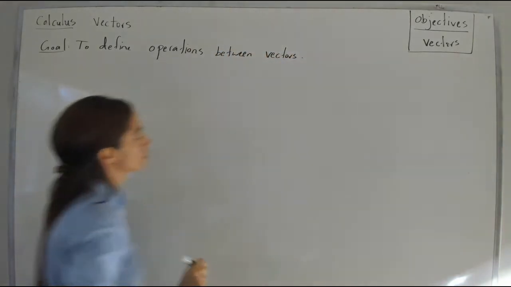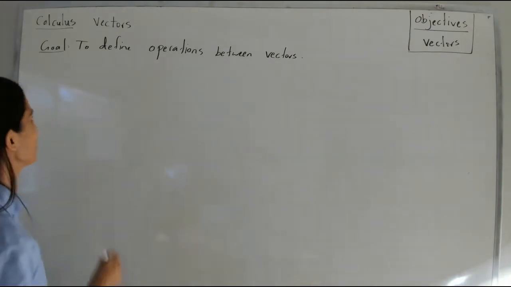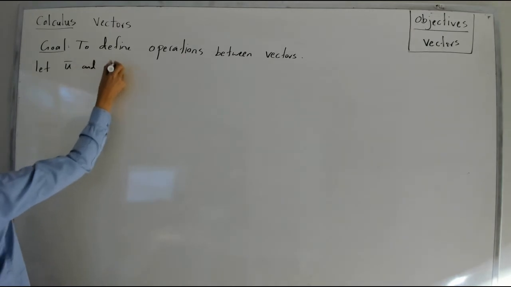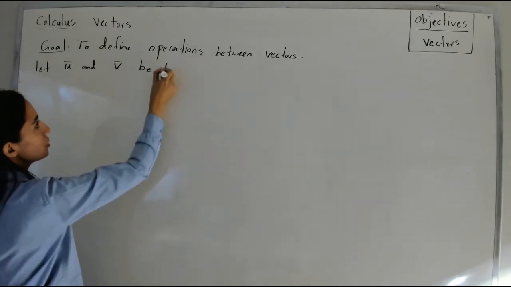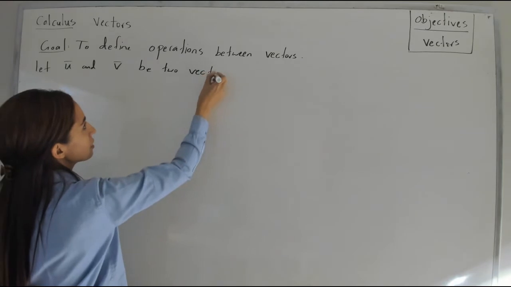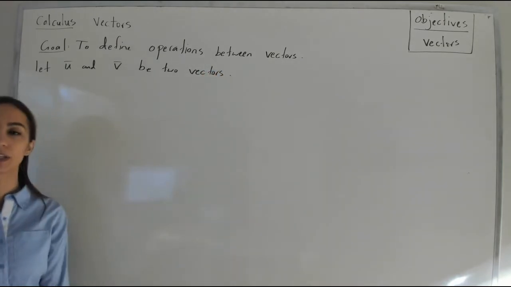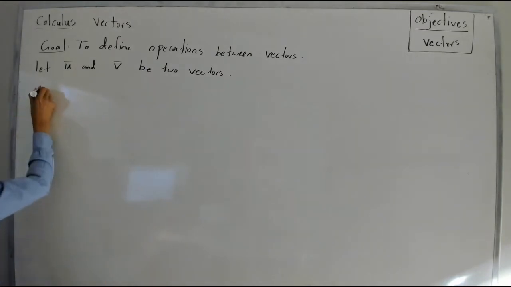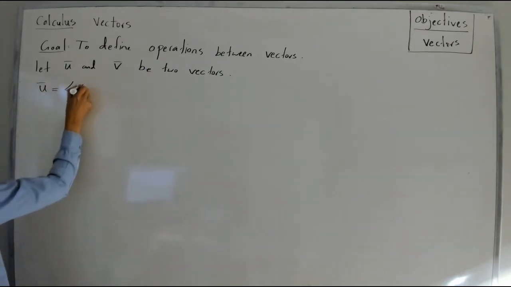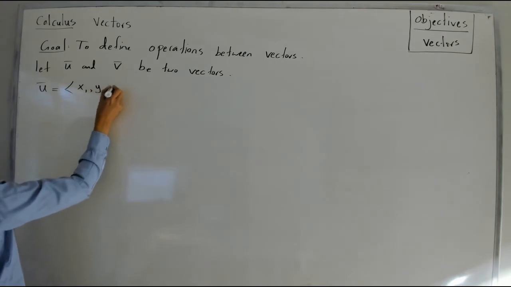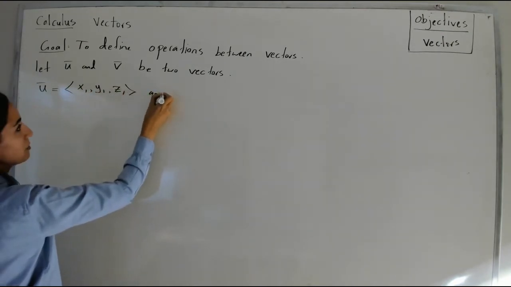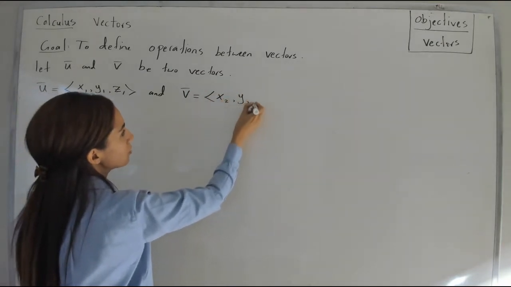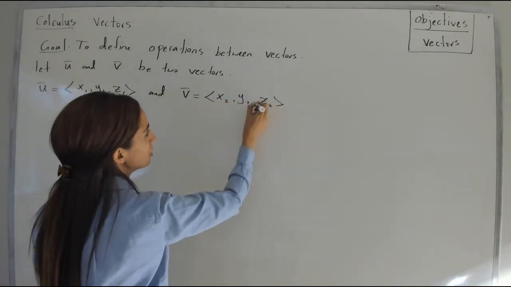So suppose you have two vectors. Let u and v be two vectors. First of all, we can take these two vectors and add them together. So suppose u is defined as x1, y1, z1, and v with its components x sub 2, y sub 2, and z sub 2.